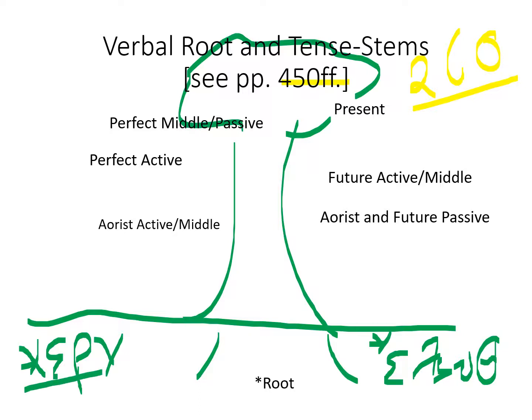All those are based on these two roots, which are then taken up into stems. The present here with erg, and then eleuth going to the future and the aorist here, the future active and the aorist active, and with the loss of a couple of letters.